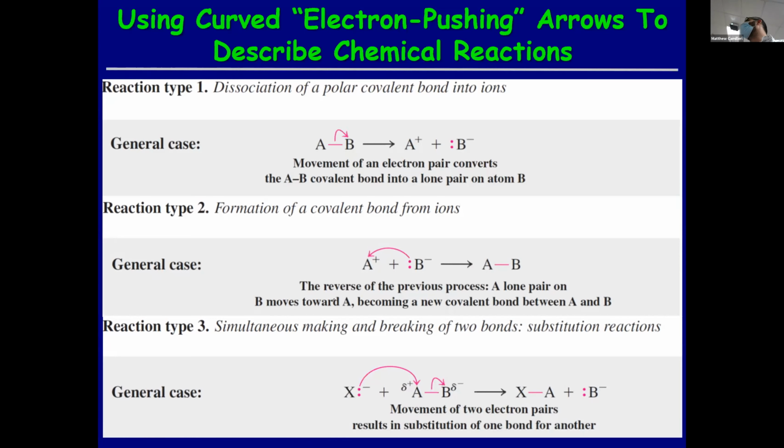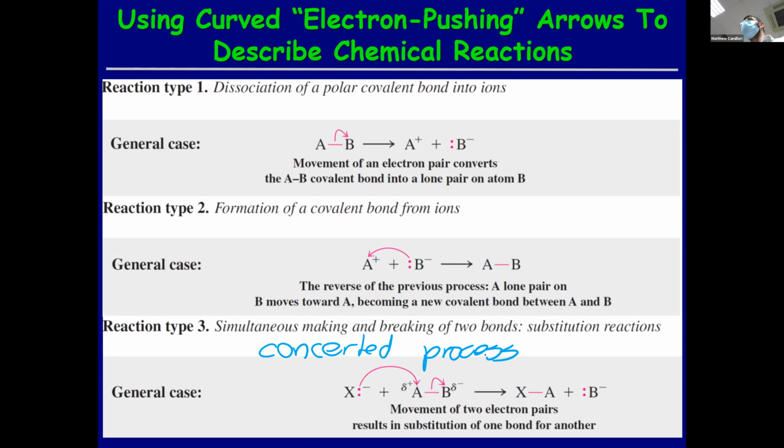You can form a covalent bond, so you have a plus and a minus, and they react. Or you can break a bond whilst breaking another. This is called a concerted process, meaning they happen at the same time.